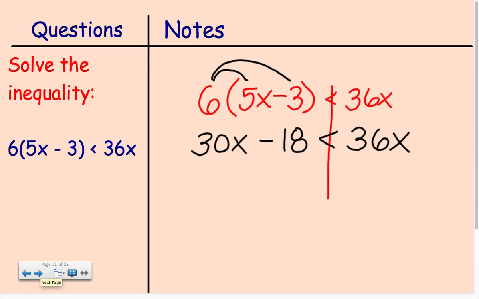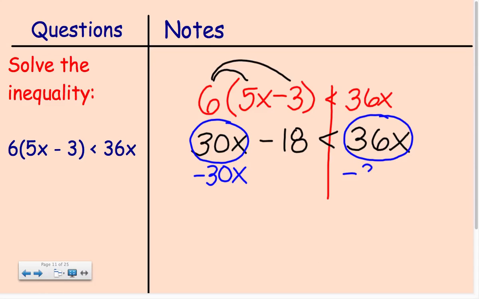Now we've got a variable on both sides problem. In order to keep things positive, I'm going to subtract 30x on both sides, instead of subtracting 36x, that would create a negative. Bring down the negative 18. 36 minus 30 is 6x.